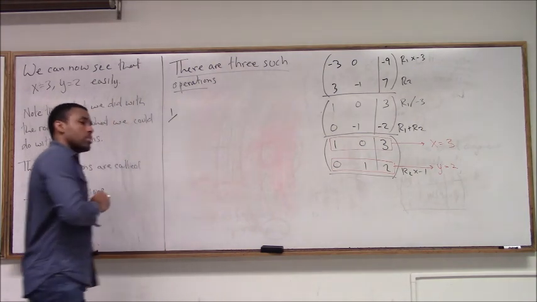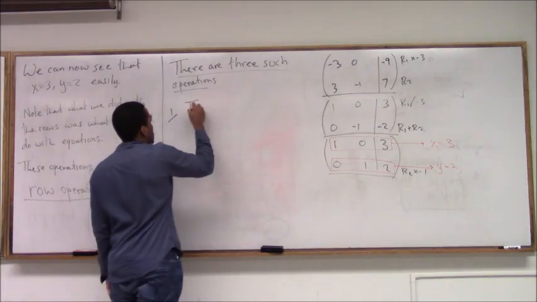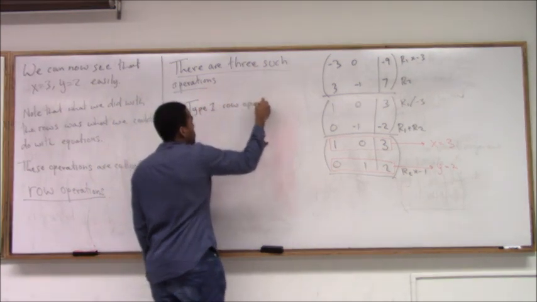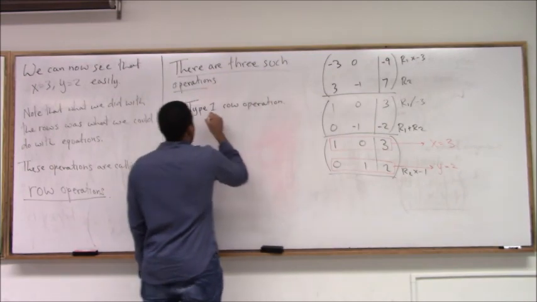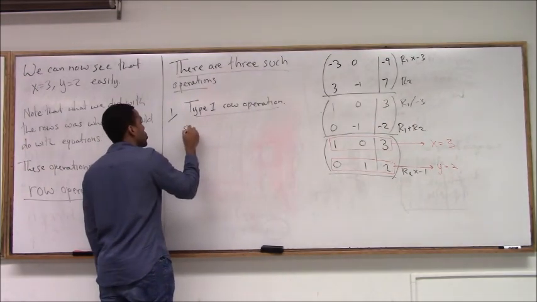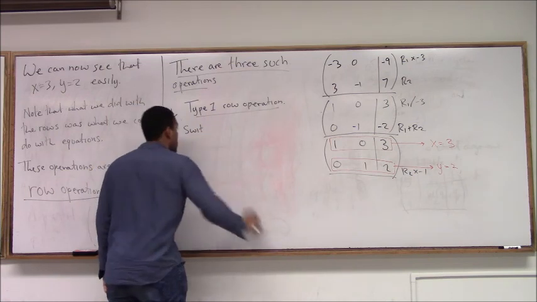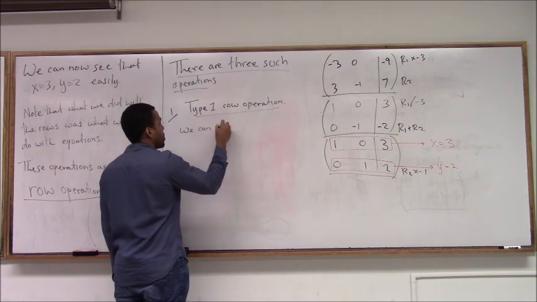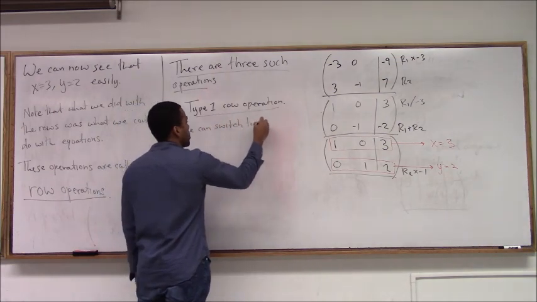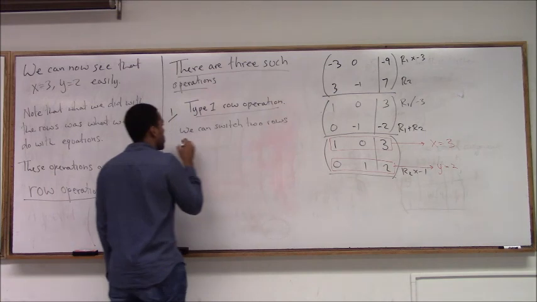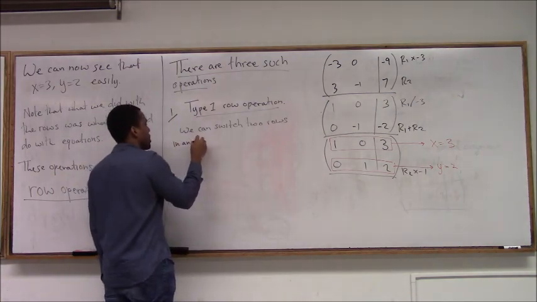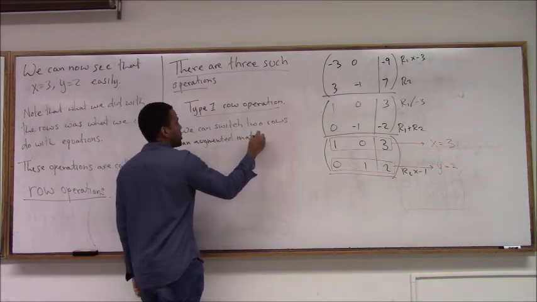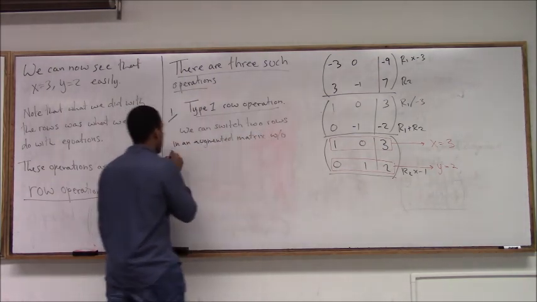This is called a type 1 row operation, and this is basically the operation that says we can switch 2 rows in an augmented matrix without changing its solution.